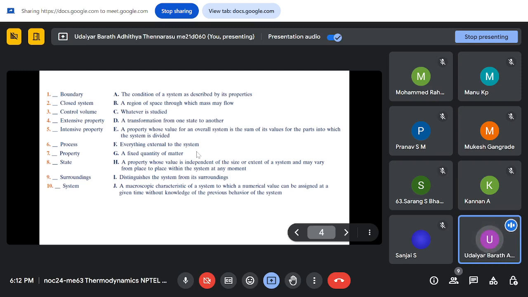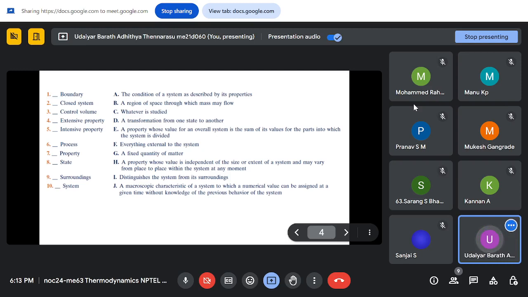So the next one is the control volume. Control volume can also be termed as open system. So for this control volume, the answer is a region of space through which mass may flow.